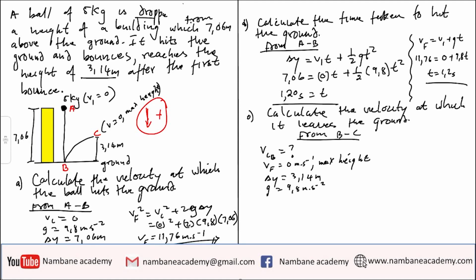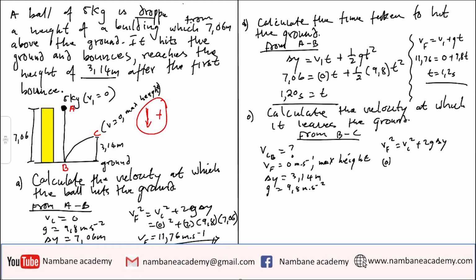Now, ladies and gentlemen, we said we are taking downward as positive. So it means everything that is going up in this instance must be negative. So the correct equation is Vf squared equals Vi squared plus 2g delta y.